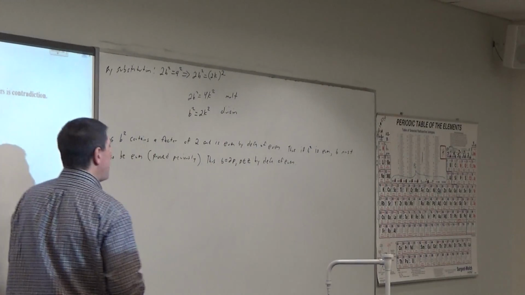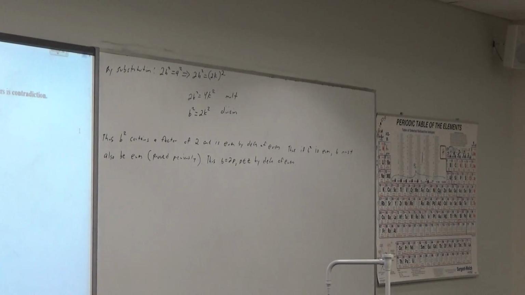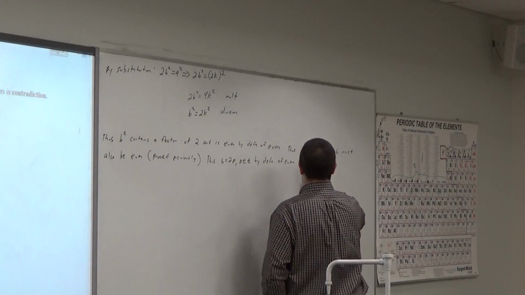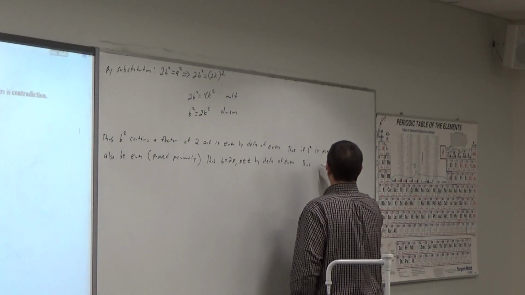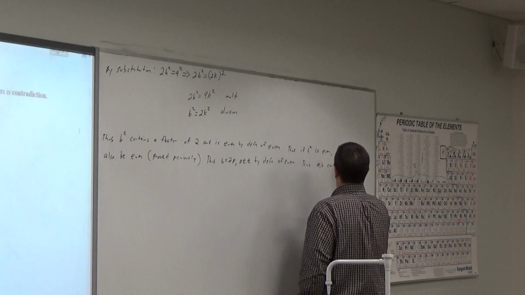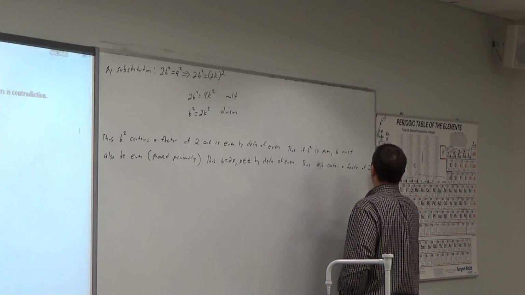Well, now what we see is that both B and A contain a common factor of 2 because they're both even. So thus A and B contain a factor of 2.